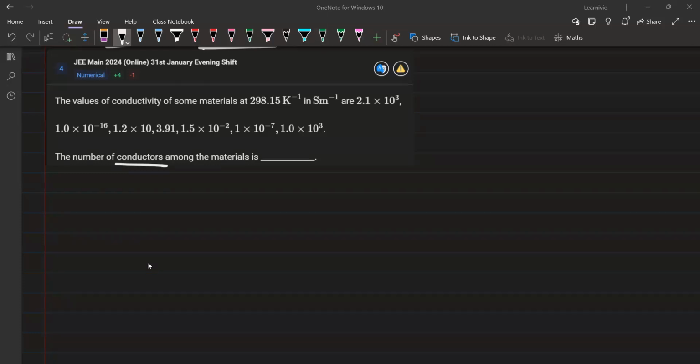See, let us see. Again, this cannot be a conductor, it makes sense because its conductivity is very less. Okay. Then we have 1.10, 3.91, 10 to the power minus. Again, this cannot be a conductor. Then you have 1 into 10 to the power minus 7. The conductivity is very less. This cannot be a conductor. So how many remaining? 1, 2, and 3. Yeah, 3 is the correct answer.